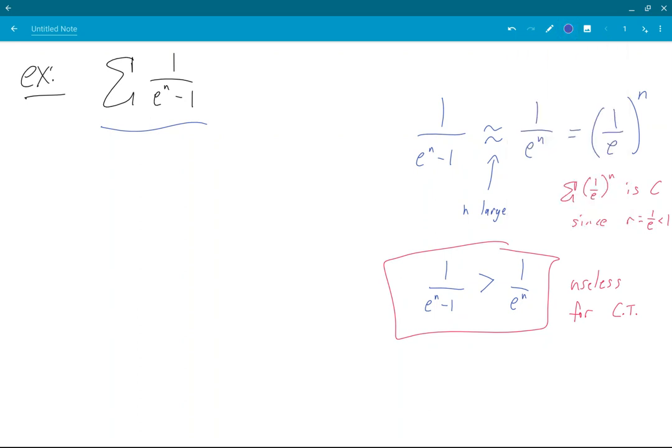Well, what I'm going to do instead is use what's called the limit comparison test.